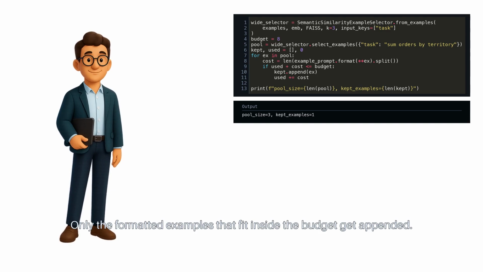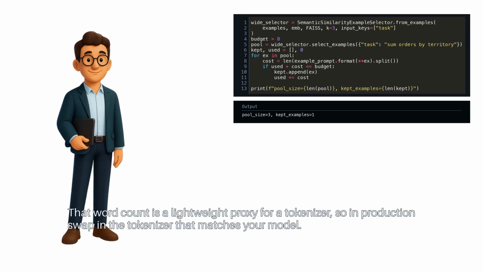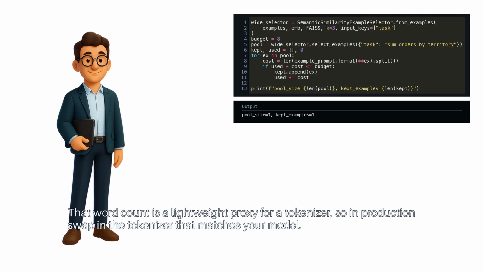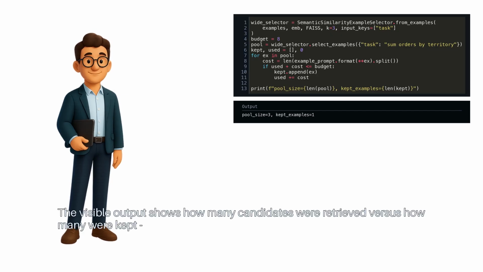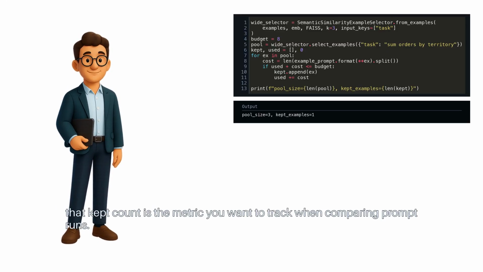Only the formatted examples that fit inside the budget get appended. That word count is a lightweight proxy for a tokenizer. So in production, swap in the tokenizer that matches your model. The visible output shows how many candidates were retrieved versus how many were kept. That kept count is the metric you want to track when comparing prompt runs.